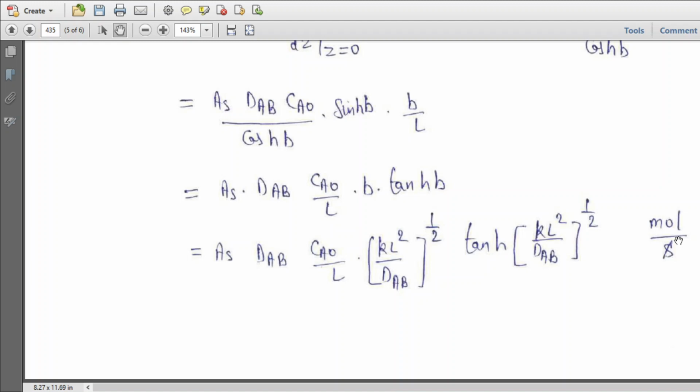This expression can be used to calculate the rate of consumption of A, and it is purely a function of the reaction rate constant k and the diffusion coefficient of A with respect to B. So this is all about diffusion with homogeneous chemical reactions.